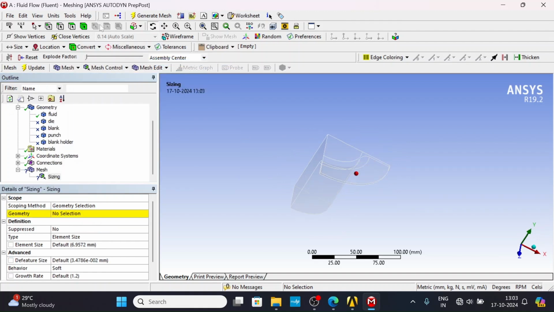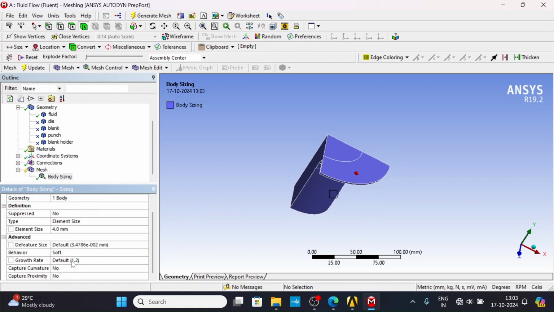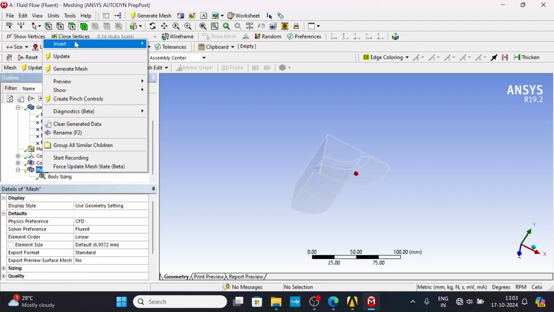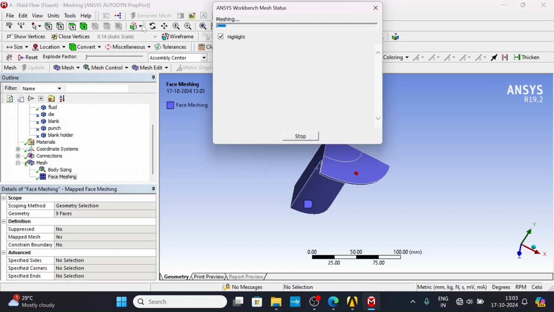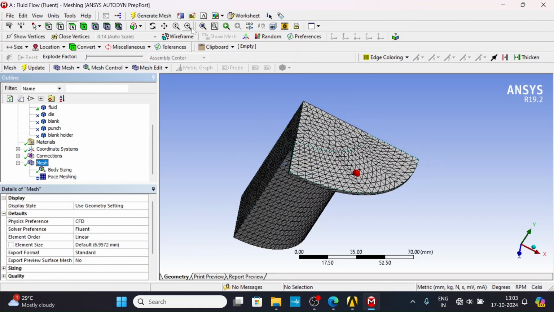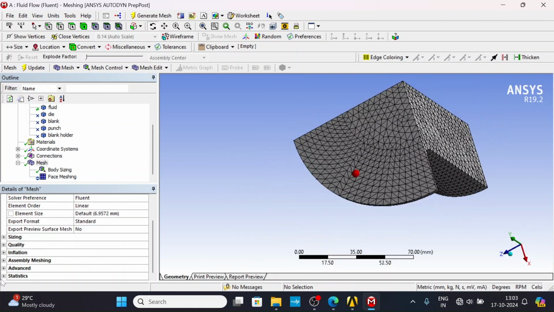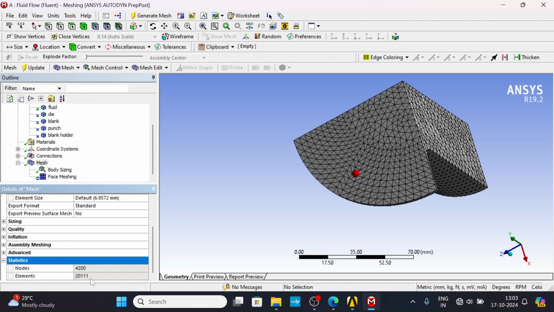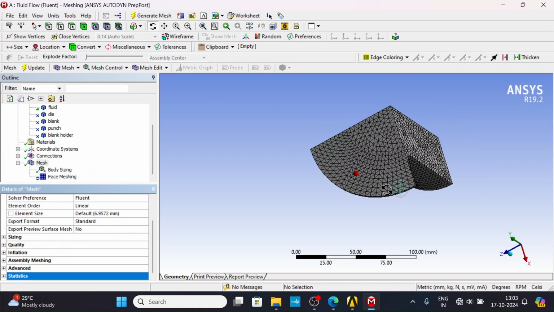This is our fluid geometry. So I'll give sizing 4 mm. Generate. Okay, so the mesh looks good. Now comes named selection.